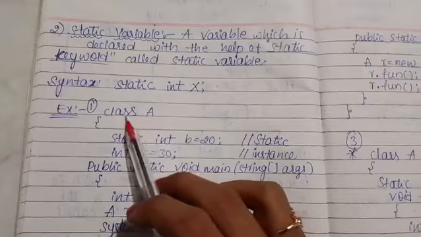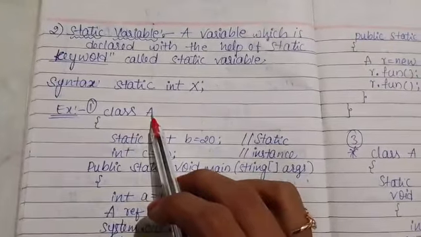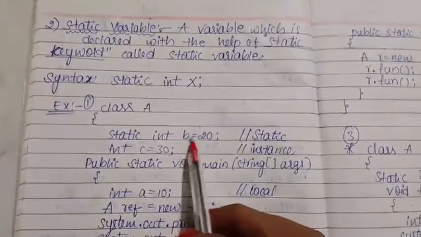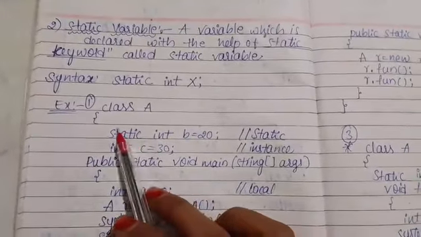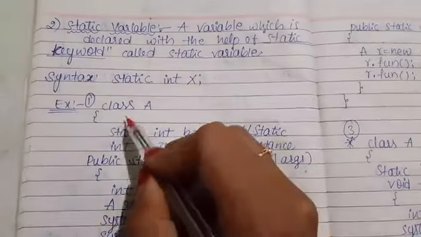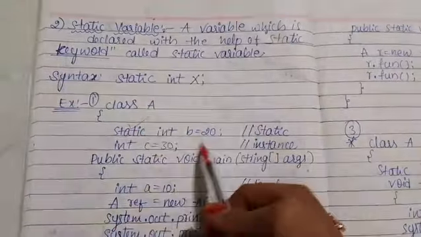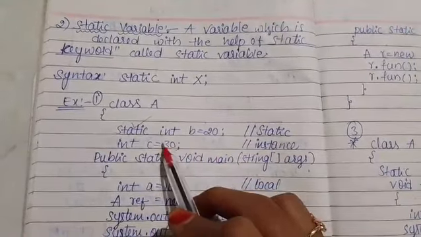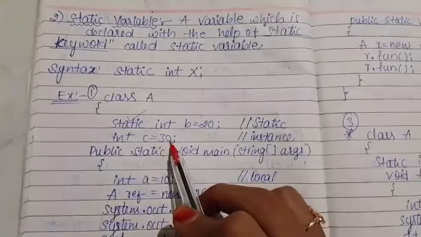Let us see an example. Class A, this is the class and A is the class name. Static int b is equal to 20. We have used the static keyword here, that's why this is the static variable. And int c is equal to 30. I have taken one more variable here, c is equal to 30.